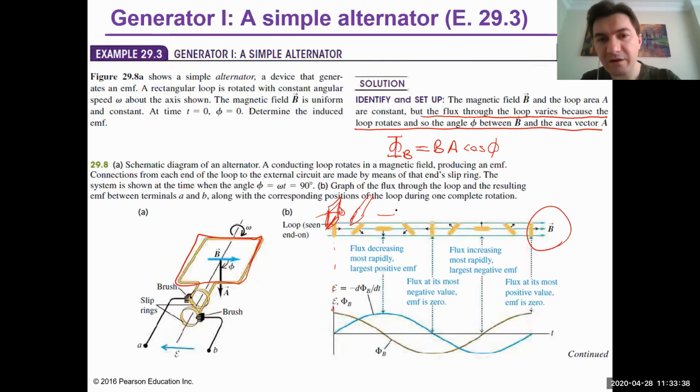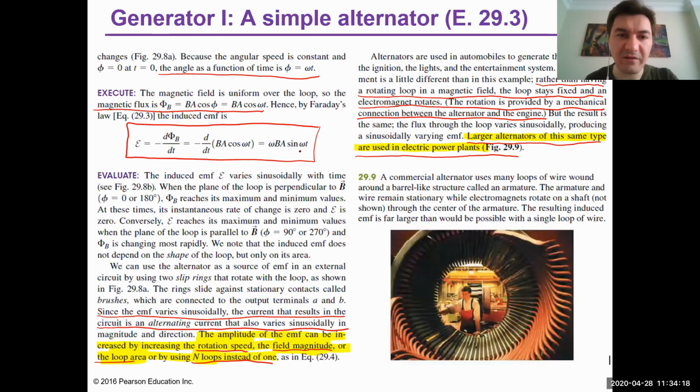And after a certain time, the loop becomes like this. After a certain time, the loop becomes like this, and it goes, okay? So you rotate the loop, then the angle between the magnetic field and the surface vector changes. So then, as a function of that change, we have a changing EMF. You see? This EMF is given by that expression.